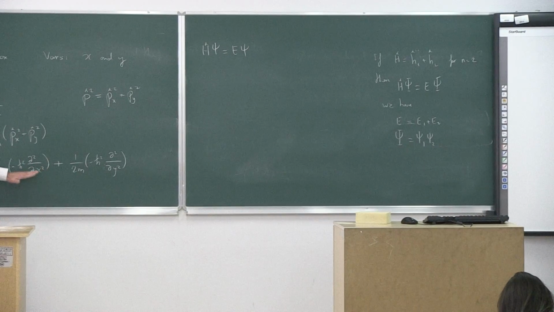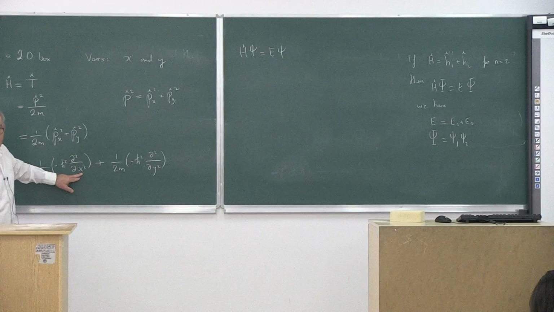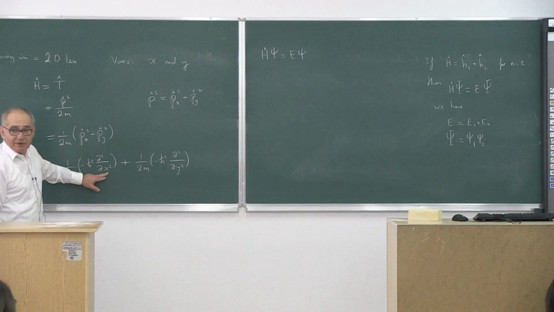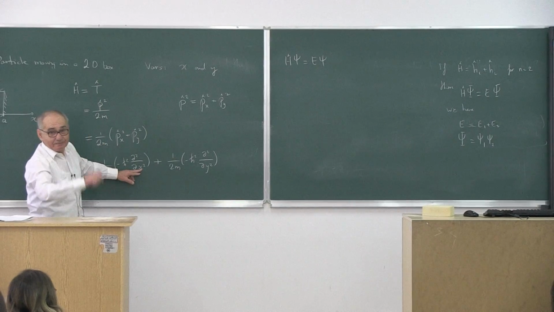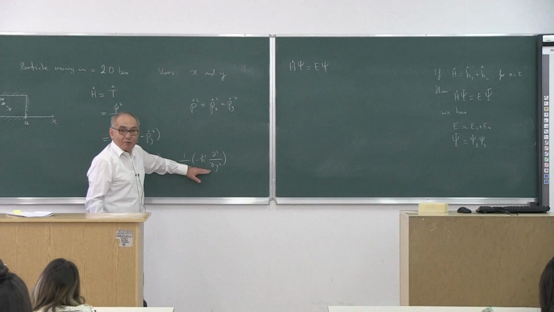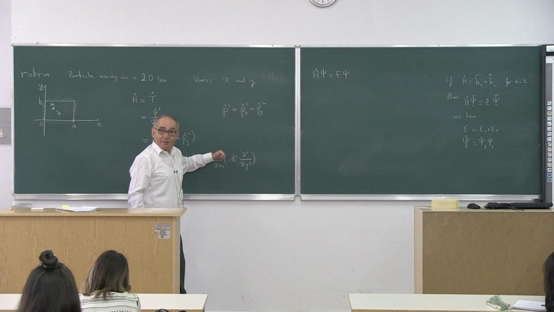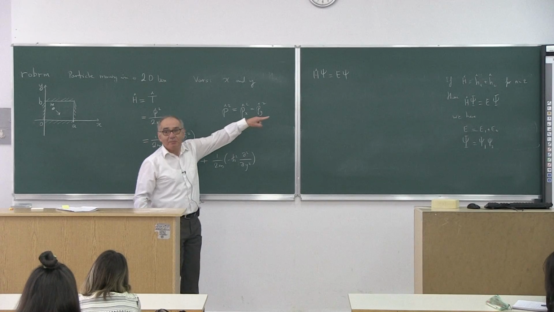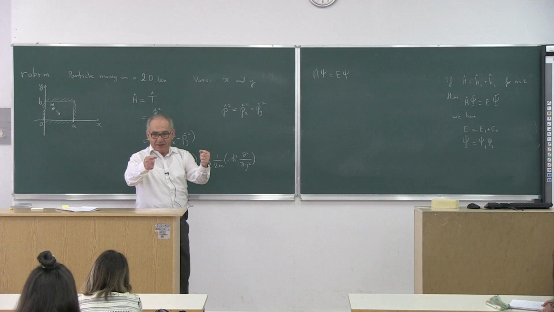Now, we look at this expression. The first term contains which variable? X. Does it also contain the other variable? No. Look at the second term. The second term contains which variable? Y. Does it contain X also? No. Exactly the form we require. There are two terms added.